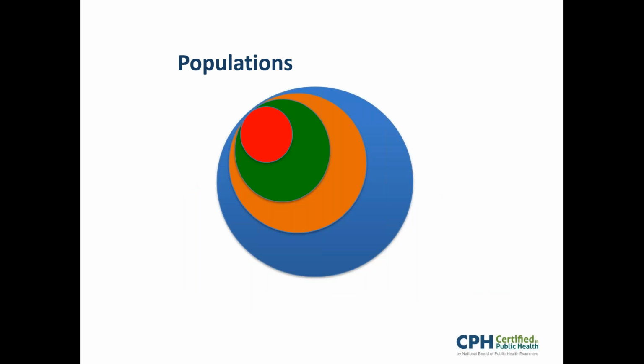Okay, we're back to our populations. Let's talk a little bit more about these. A couple clicks for me, Erin. So first, we have our target population, which is the outside ring, and it represents the general population that we seek to understand with our study.